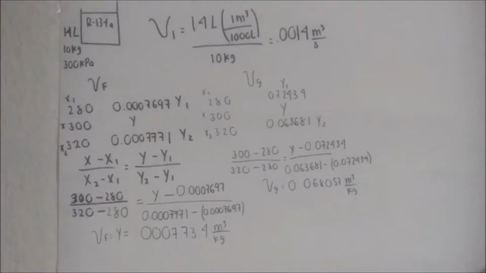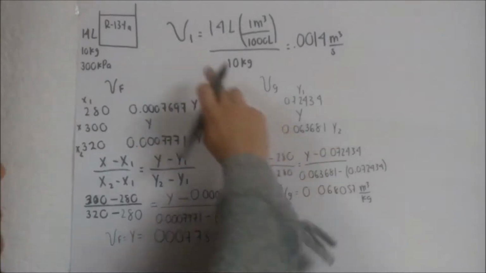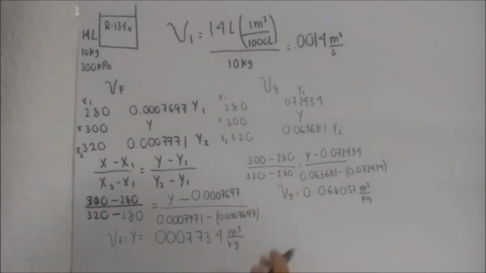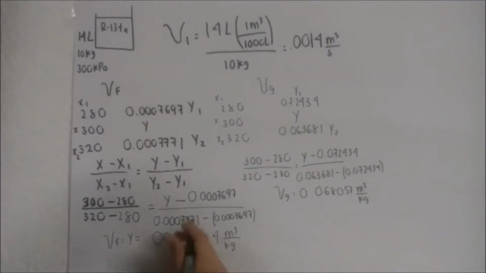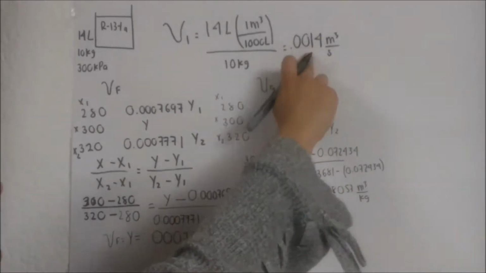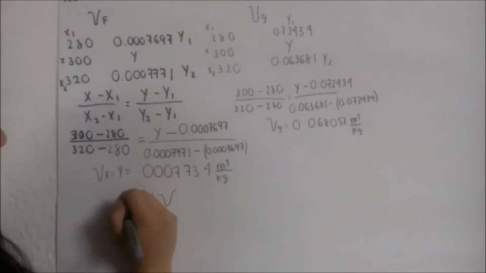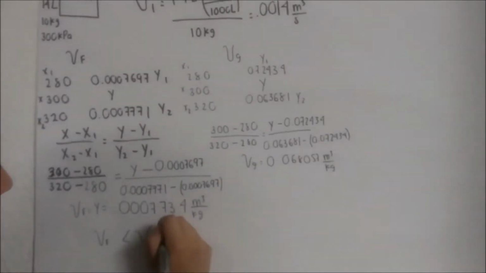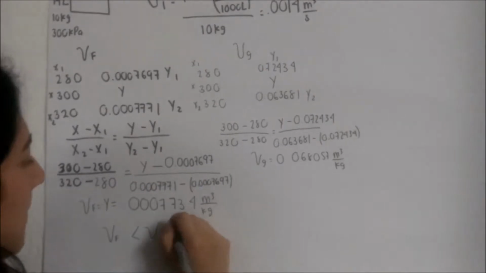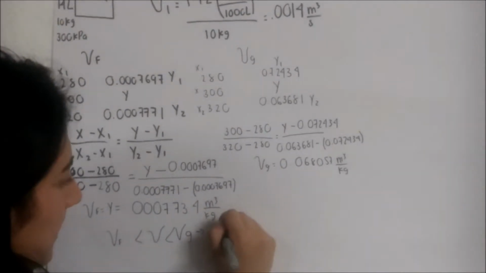So now we have our v, our vf and our vg. We have to compare these values. This value is in between these two. So if our v is in between vf and vg, this tells us that it's a mixture.